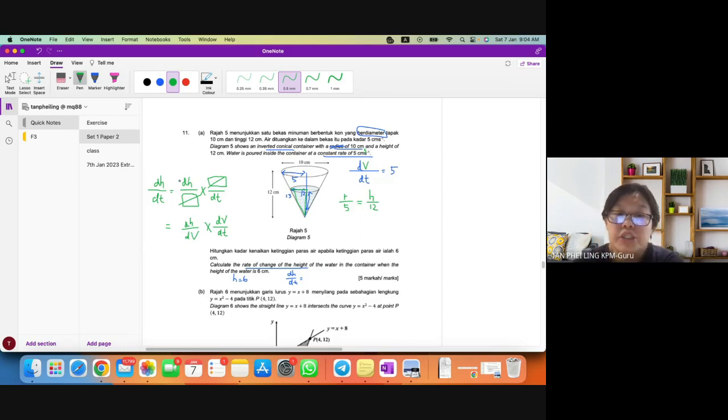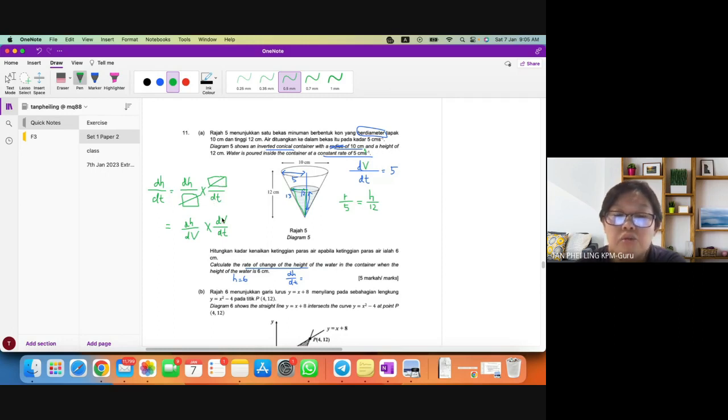So from the question interpretation, I know that I want to find dh over dt, because they ask us to calculate the rate of change of height. So dh over dt is what you want to find. My way is that, remember, it will always be a dh here over something, times something over dt, so that these two will cancel off.